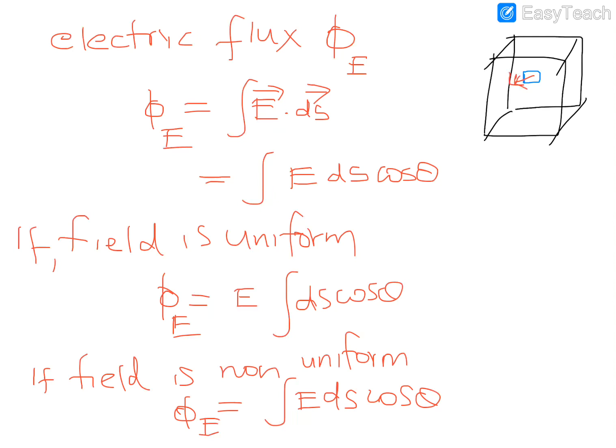On that surface you can find the small electric flux coming out, d phi E, because you consider a small area, d phi E is equal to E ds cos theta. That small area element, in that black shade, is ds.